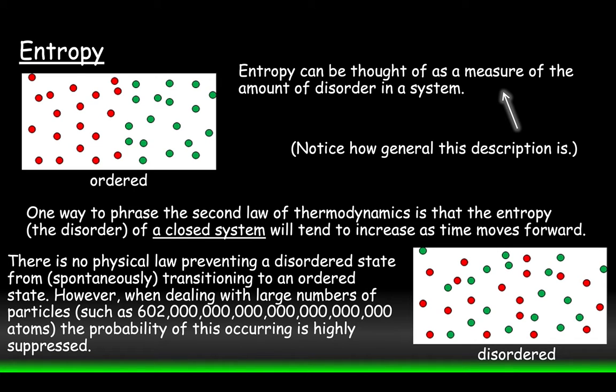Now, there is no physical law preventing this disordered state from evolving into this ordered state. All these gas particles are moving around and bouncing every which way. Without counting, it looks like we have 25 red and 25 green particles.